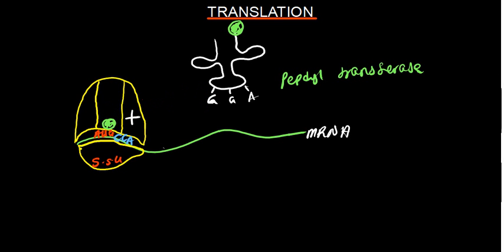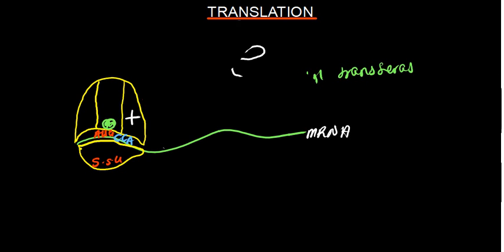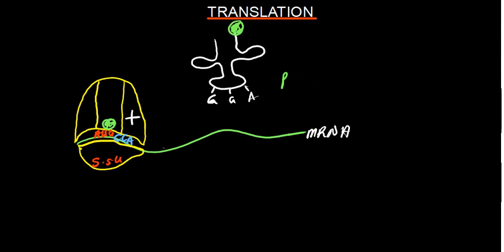Then when this happens, the next step now we see is that this tRNA which was carrying this amino acid will become useless, so it will have to leave the ribosome through the E site.